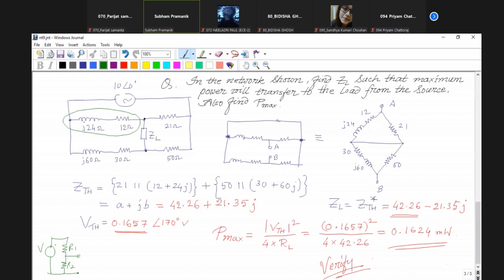You see how much current is flowing here. V divided by R1 plus R2. That's the current. That multiplied by R2 is the voltage at this point. Similarly, doing that, you can find the voltage here. So you are getting VA and VB, then just subtract one from another.